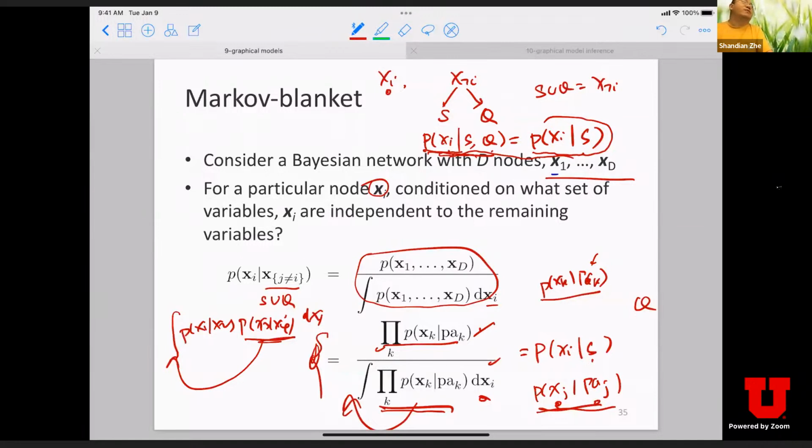Does it make sense? For example, suppose this is your conditional probability: x2 given x1, and x4 given x3, and you're going to marginalize out x1. So it's P of x2 given x1, P of x4 given x3, and dx1.